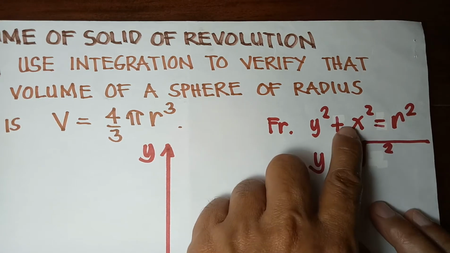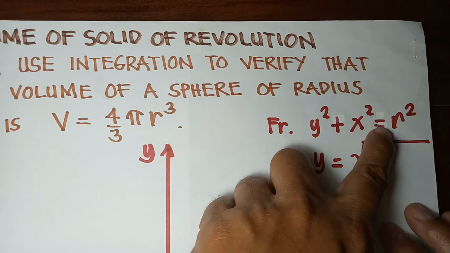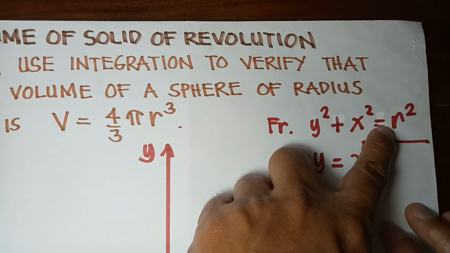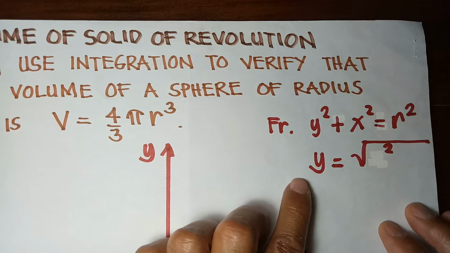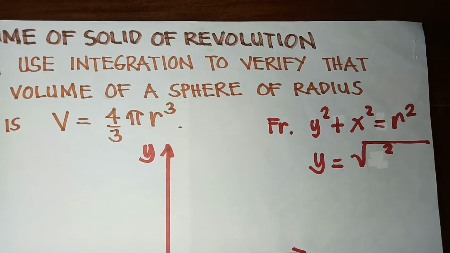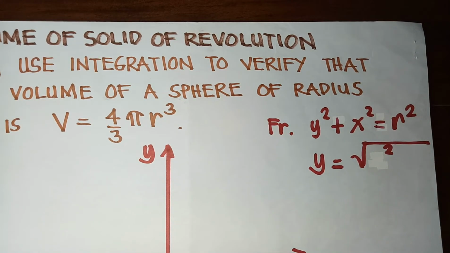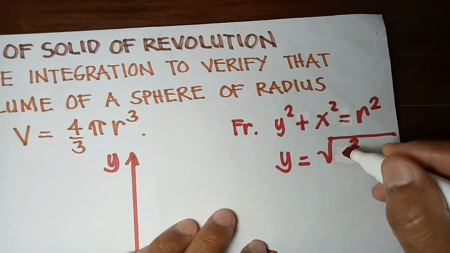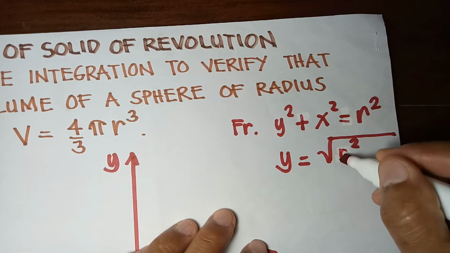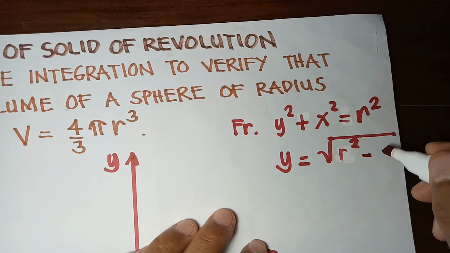This is an equation of a circle with radius r and center at the origin. If we solve for y in this equation, y will be equal to the square root of r squared, and then minus x squared.